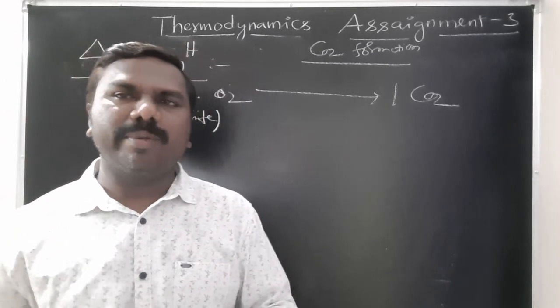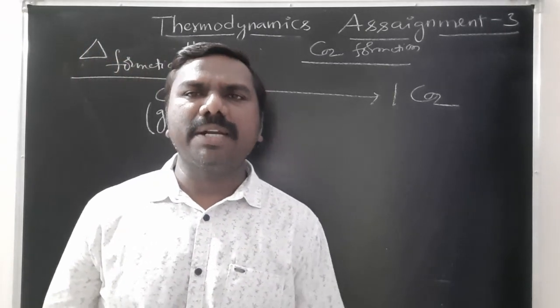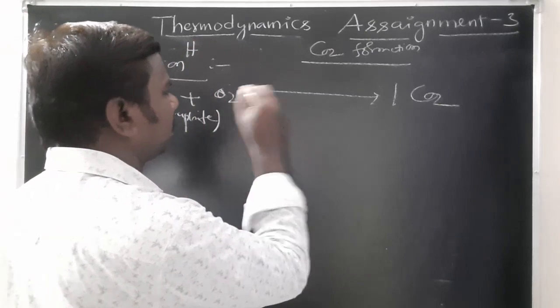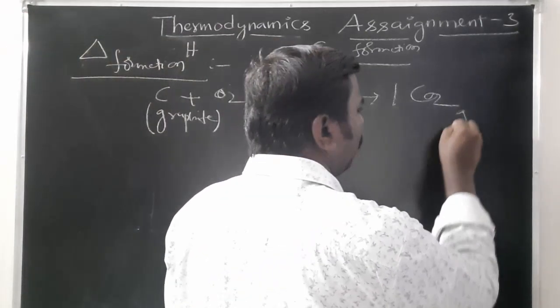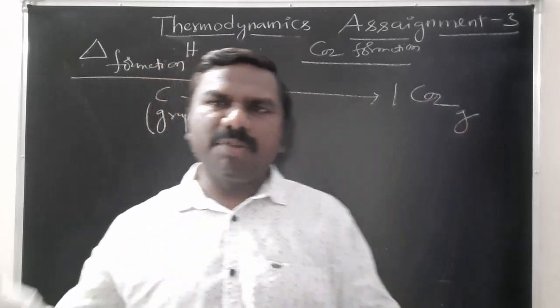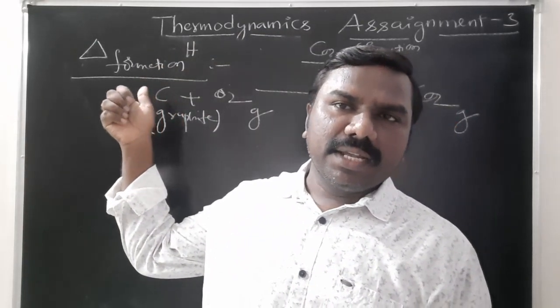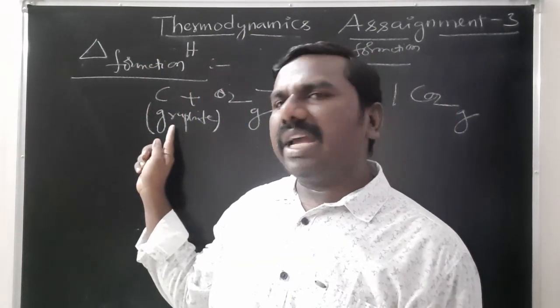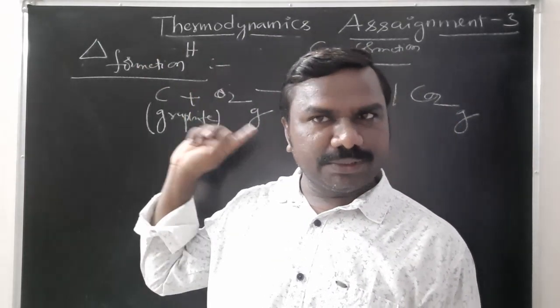Graphite is more thermodynamically stable when compared with diamond. That's why 1 carbon and 1 oxygen gas gives 1 mole of product. This reaction is called enthalpy of formation because 1 mole of product is formed from its constituents in their standard states. If you take diamond, it is not enthalpy of formation.